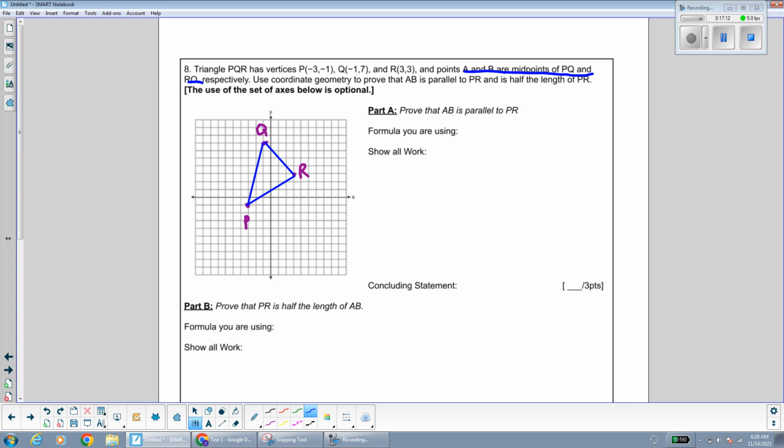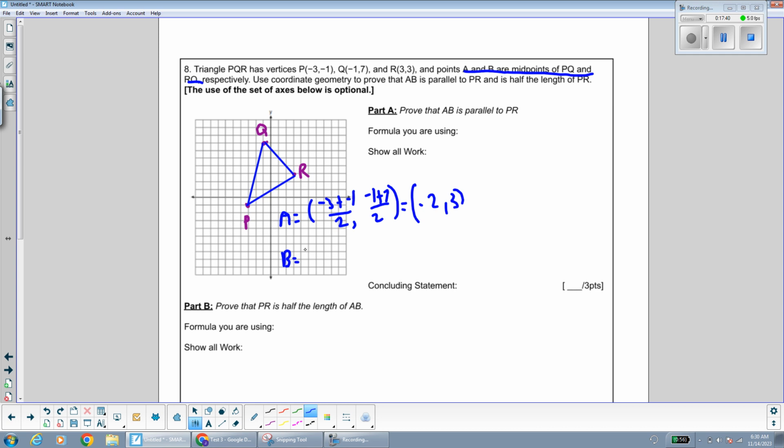So the midpoint of PQ, I'm going to do that first. Let me just do that over here off to the side. I'll say point A. Midpoint of PQ is -3 plus -1 over 2, -1 plus 7 over 2. And that is -2, comma 3.